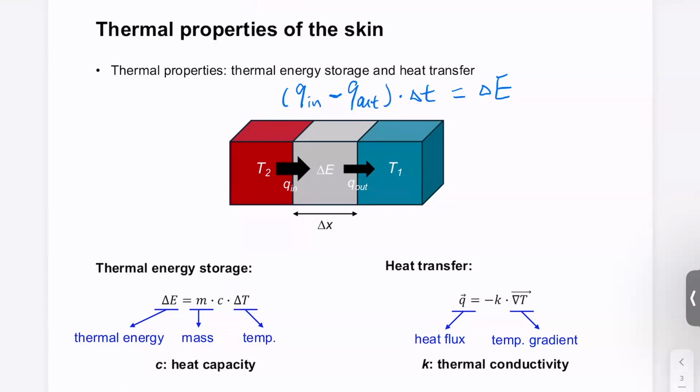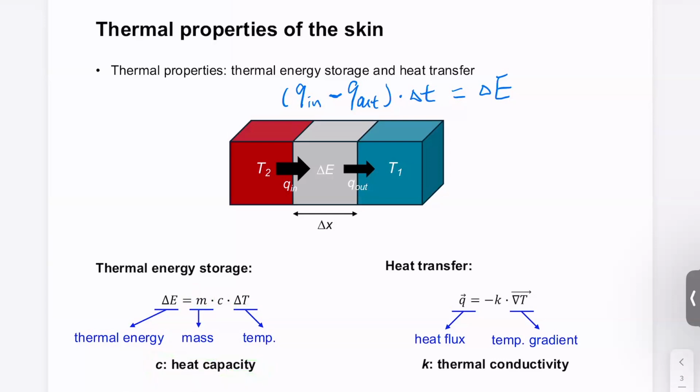There are two processes here: heat transfer and thermal energy storage. So for thermal energy storage, we have delta E equals mc times delta T, where m is mass, delta T is temperature change, and C is heat capacity. This is a property of materials.